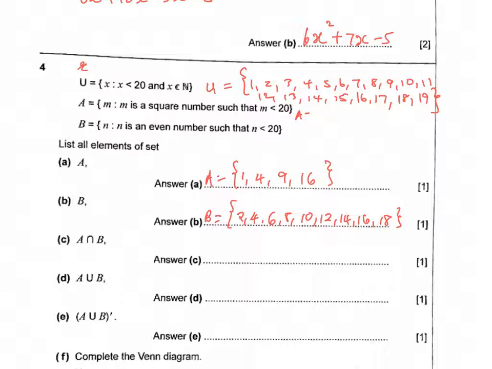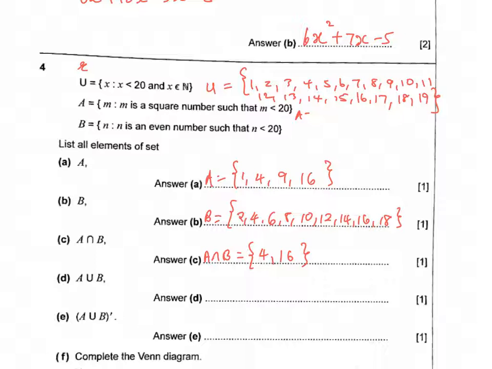Those are the elements of B. And then we go to C. A intersect B. Intersect means what is in A and is also in B. Which numbers are in A and is also in B? So we only have 4 and 16.